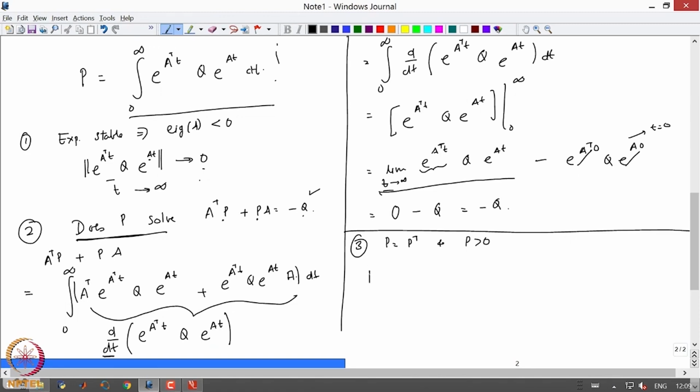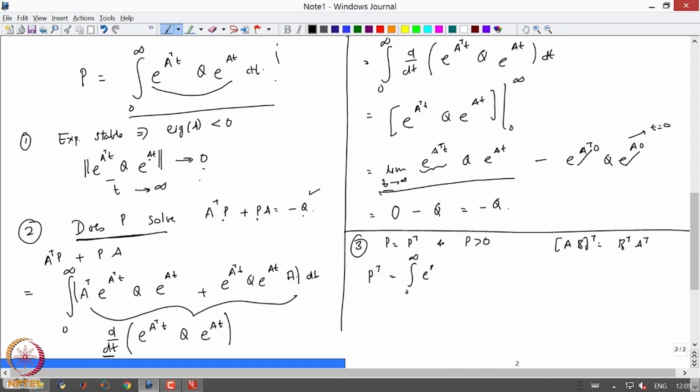The first step should be easy to check. Start from here. What is P transpose? P transpose is the integral from 0 to infinity. I just have these 3 matrices and I just invoke the transpose formula. So, if I write it correctly, (AB) transpose is B transpose A transpose. Okay.